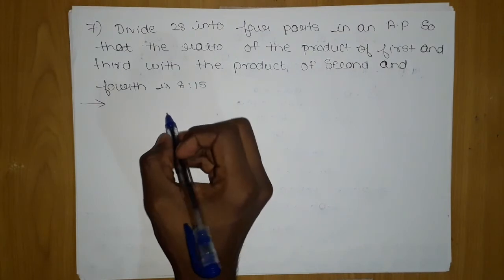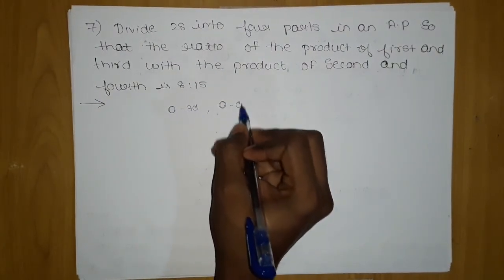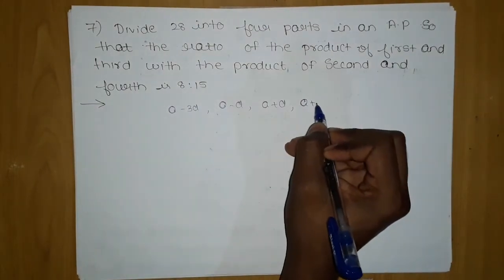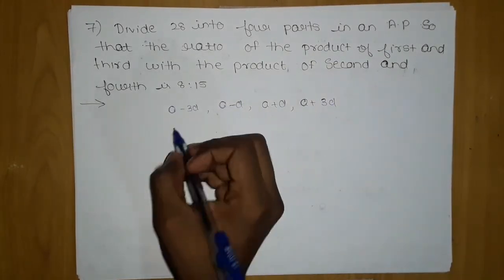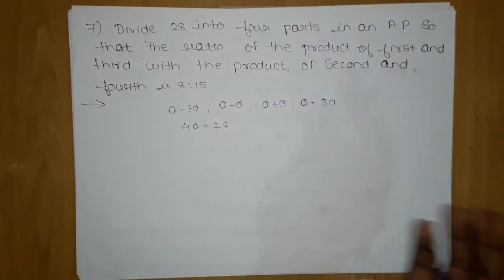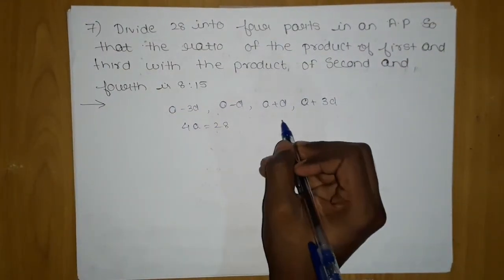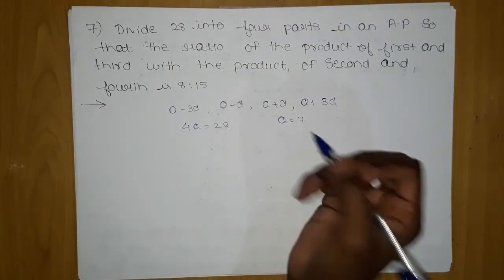So it gives you a hint again that a minus 3d, a minus d, a plus d, and a plus 3d are my perfect choice. If I add them, 4a should be 28 because it is breaking it into 4 parts. So on adding, I should get 28. So I am getting a is equal to 7.